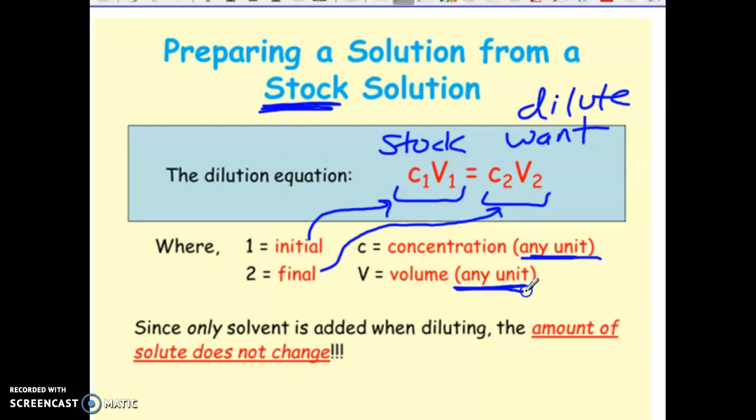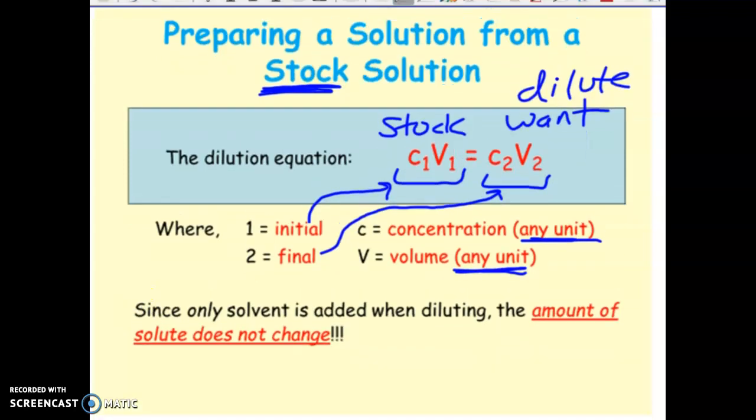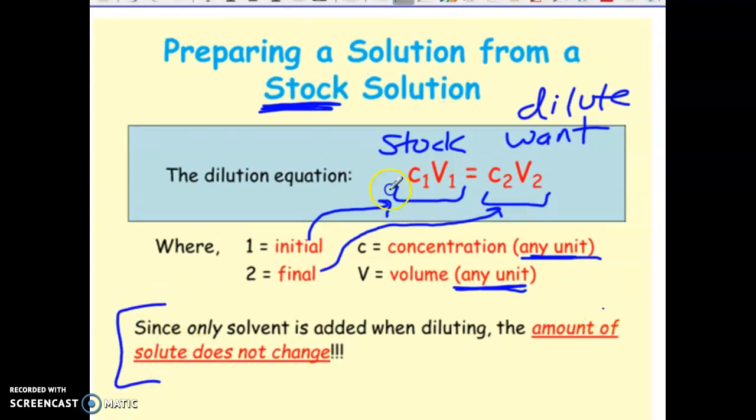Same deal for volume. Your volume can be in milliliters or liters or actually any unit, but it has to be consistent. So remember that when we're doing this dilution, you're not changing the moles. Anytime you see the term amount, they're referring to moles. So the moles of your solute are not changing.